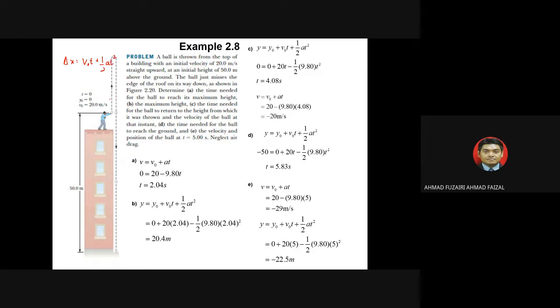This one is for the X axis. What happens to the Y axis? Now you can write it as delta Y equals V naught T plus half AT squared. Why? Because at X, this is the change of X final minus X initial, and delta Y means Y final minus Y initial.